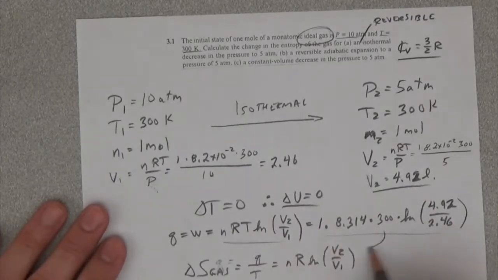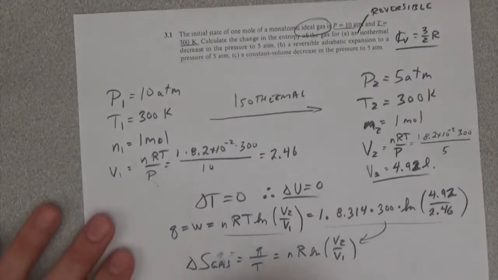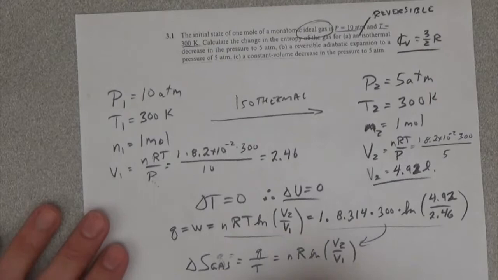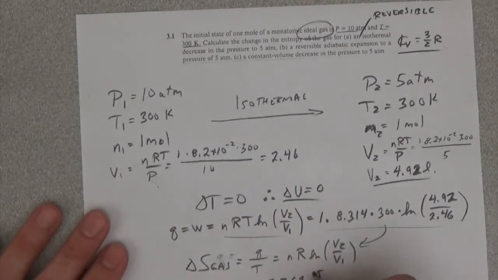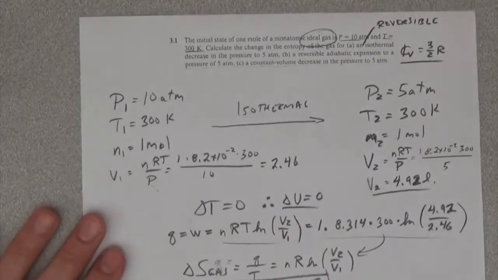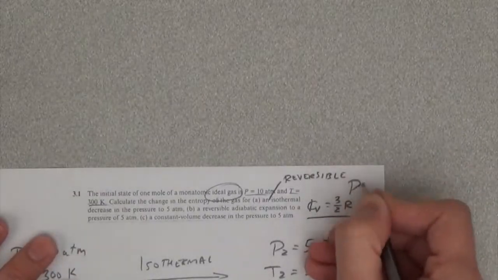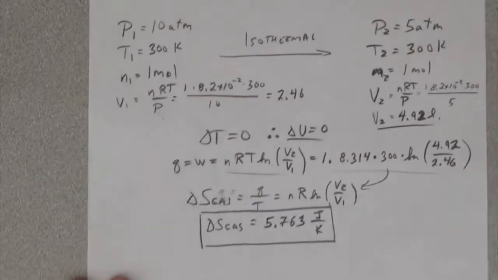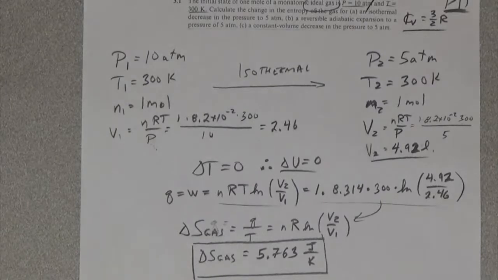So taking all of this and substituting into there, we get delta S gas is equal to 5.763 joule per Kelvin. This is page 11. So that's the first part of the problem.